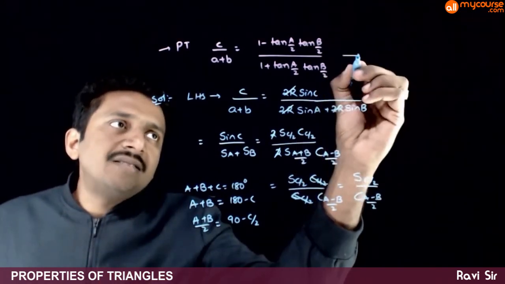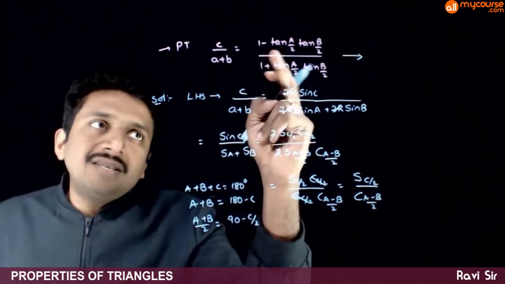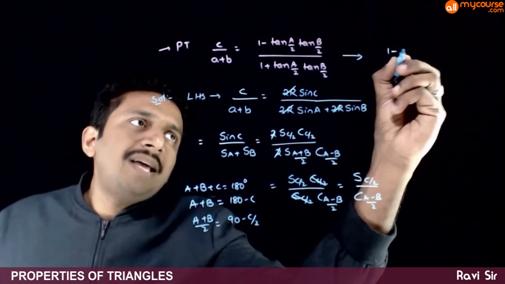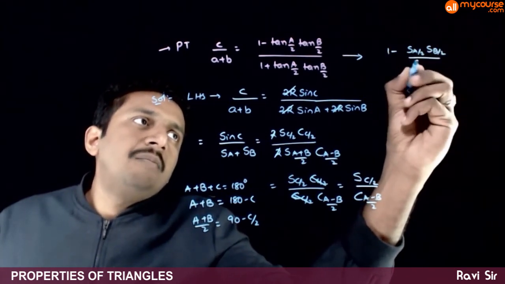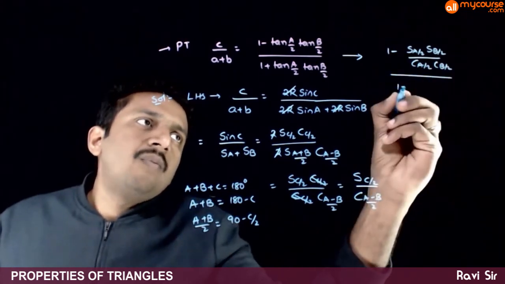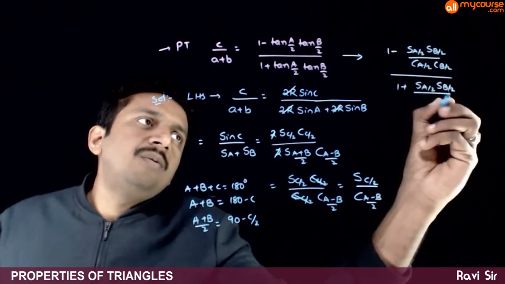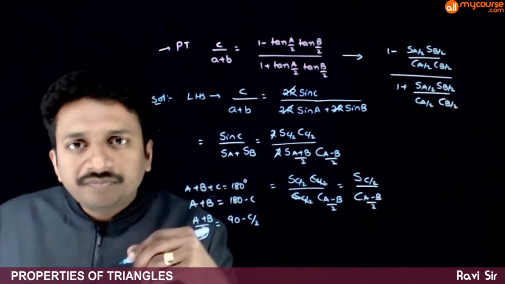Now let us try to simplify the RHS. So how can you simplify the RHS? So let us convert tans into sines and cosines. So 1 minus sine A by 2 sine B by 2 by cos A by 2 cos B by 2 divided by 1 plus sine A by 2 sine B by 2 by cos A by 2 cos B by 2.